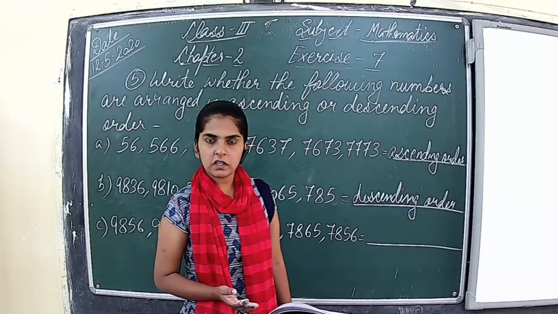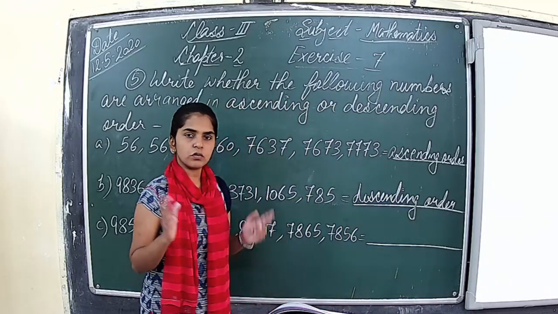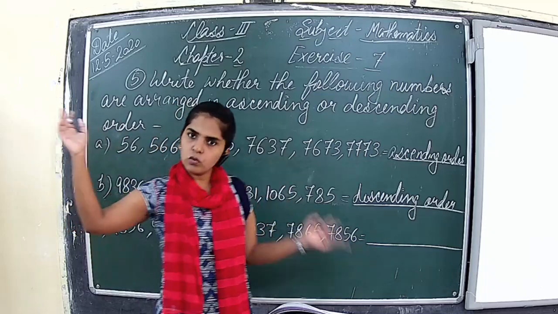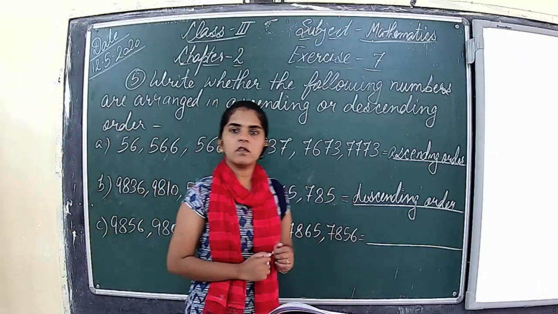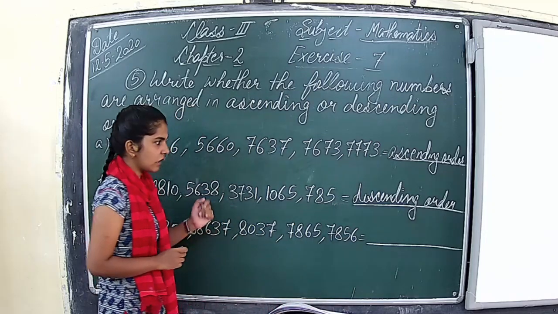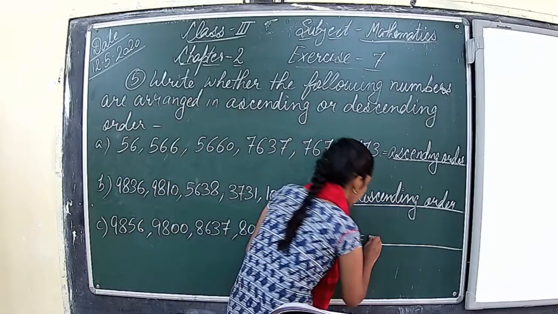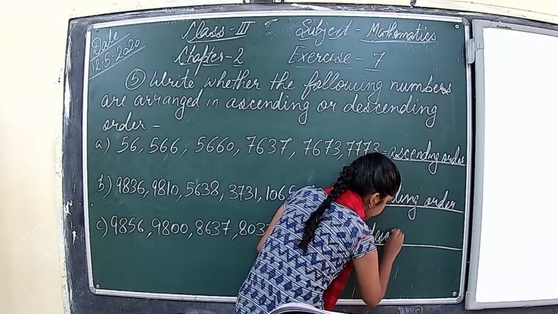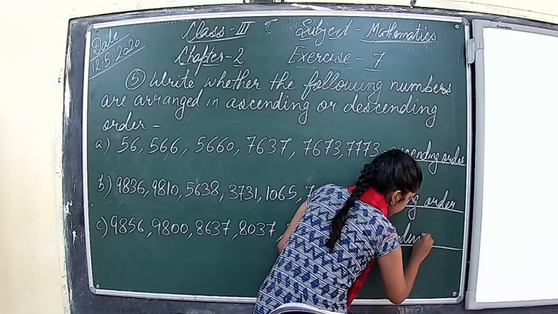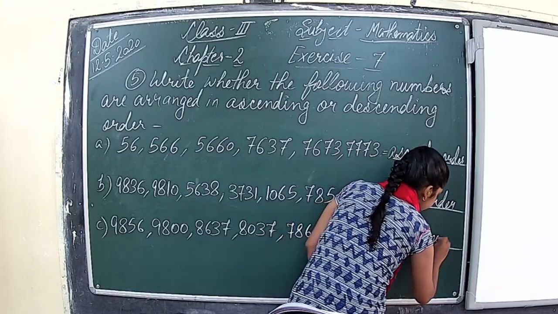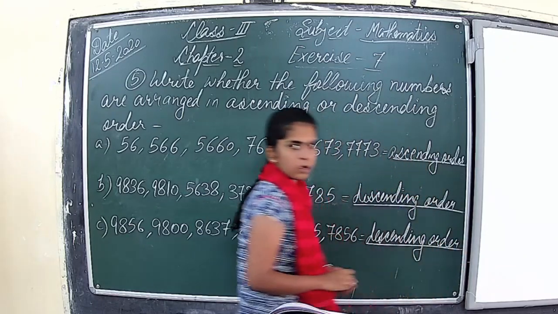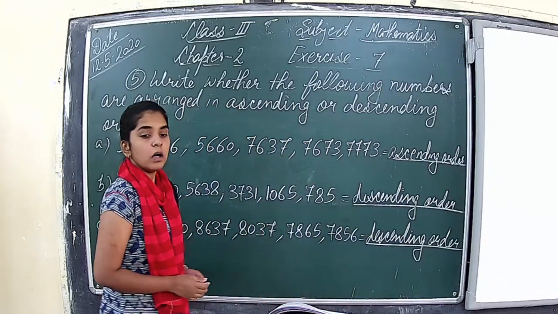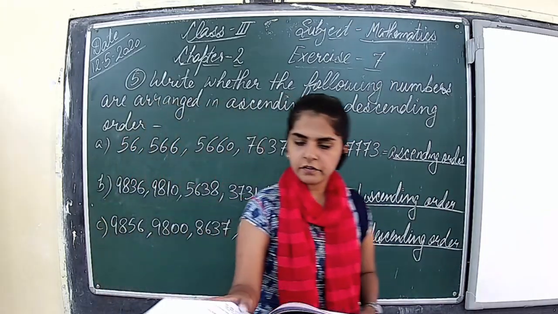It means here also the sequence is from greatest to smallest, and this sequence is called descending order. So its answer is also descending order.